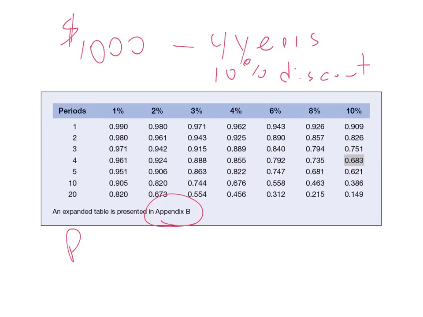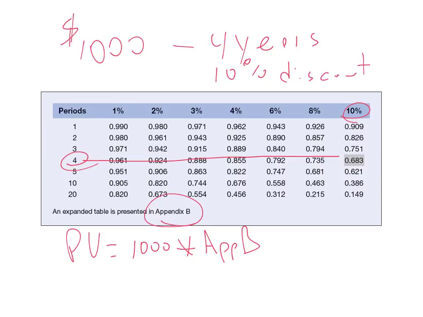Present value of this $1,000 is equal to 1,000 multiplied by the appropriate interest factor from Appendix B. And since we have 4 periods at 10%, that value is 0.683.